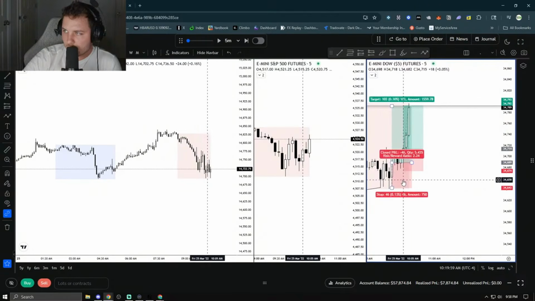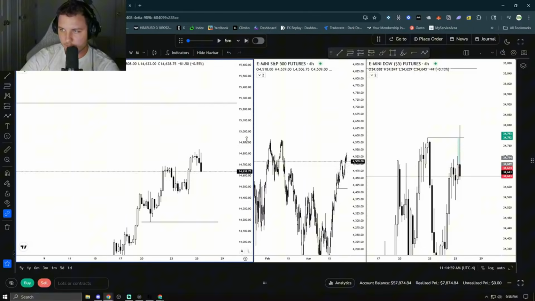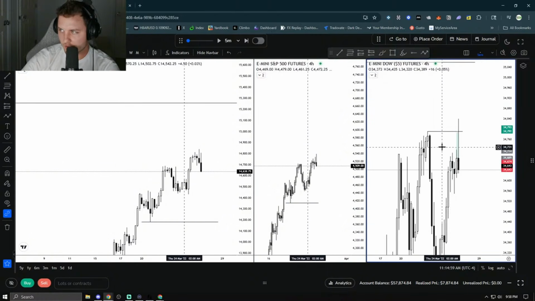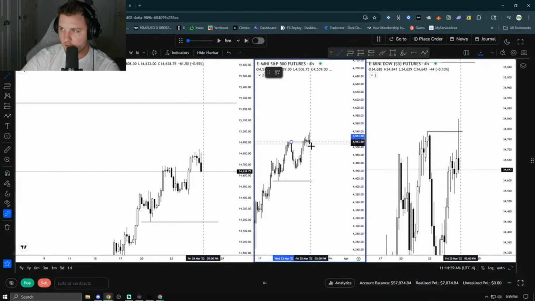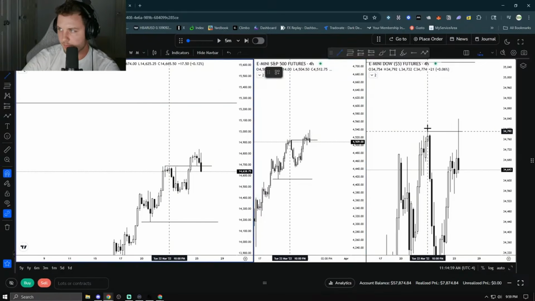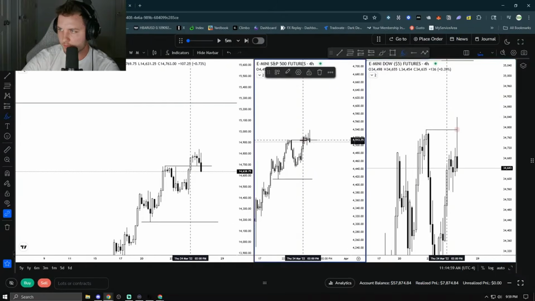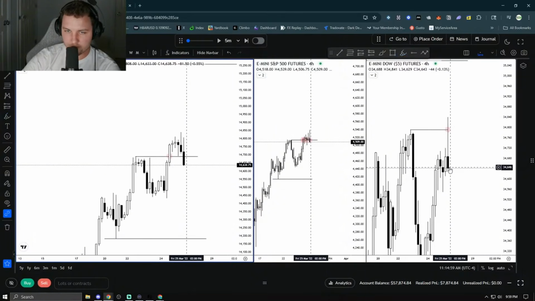Yeah, that was good. All right, I'll break it down. It does actually make sense that we either reverse off this level or this level. Just highlight. Prior to this, we had SMT.